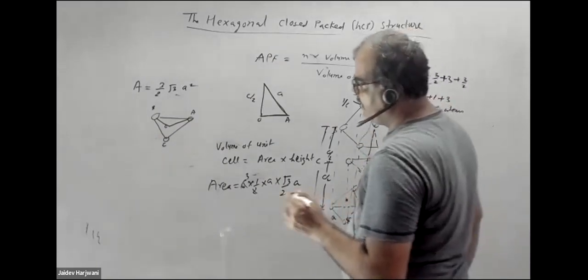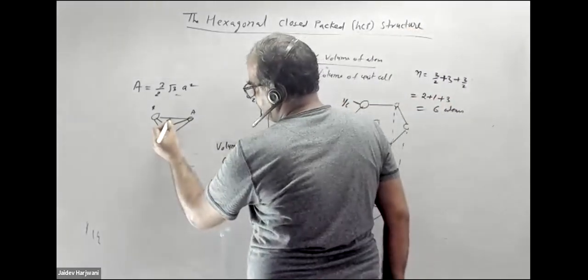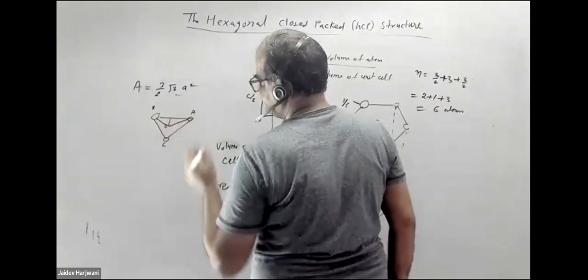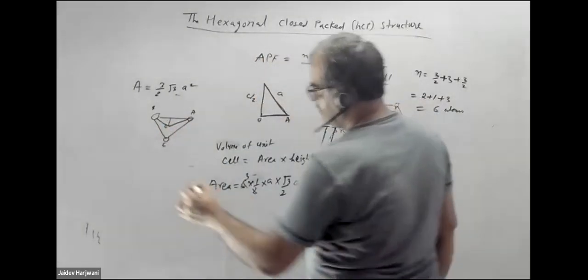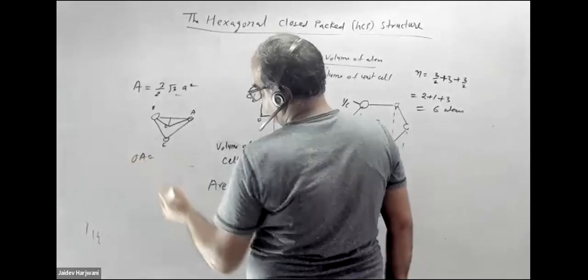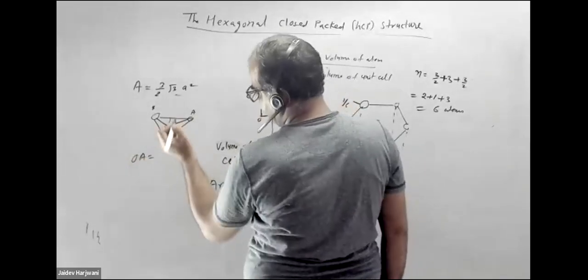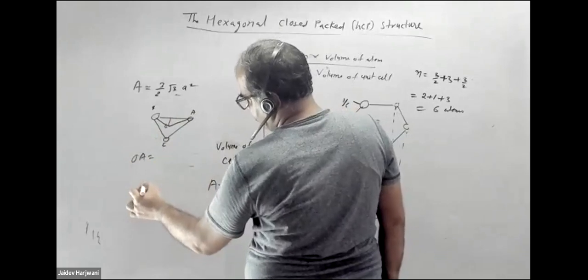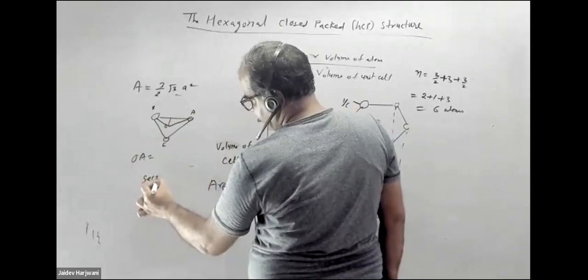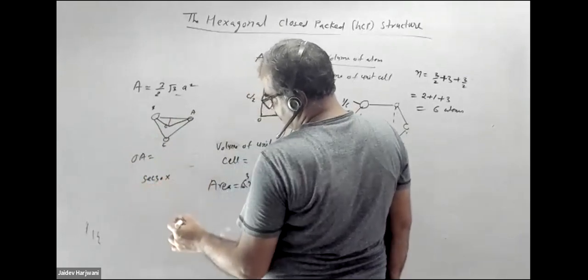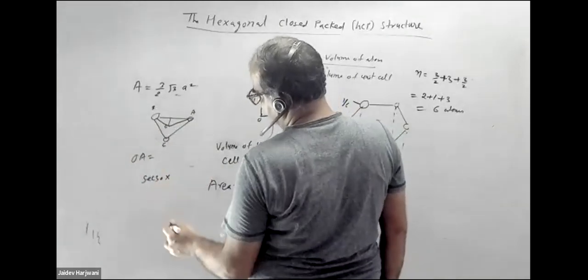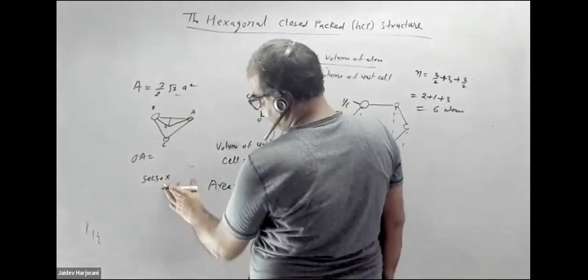So this distance OA, how much will it be? OA is, okay, this distance is A/2. So I can write sec 30, sorry, sec 30. How much will sec 30 be?